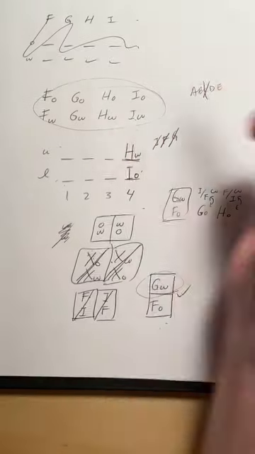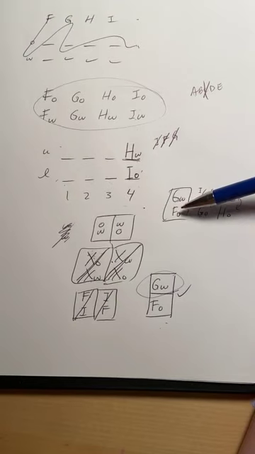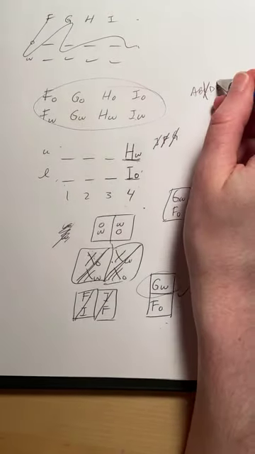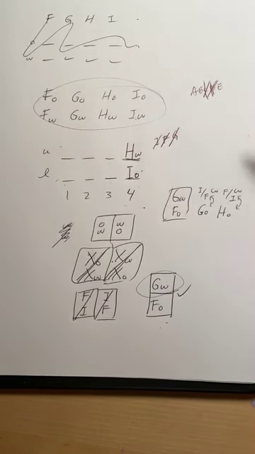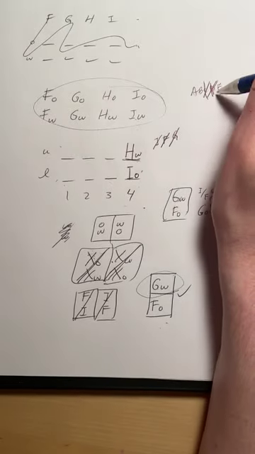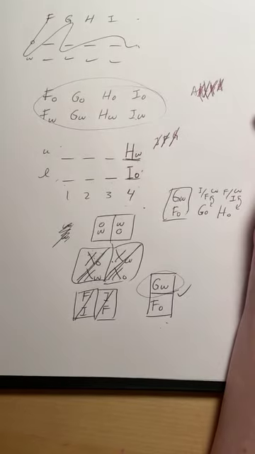We know FO has to be on the list because it has to be on the bottom somewhere. We can eliminate D because it doesn't include FO. We also shouldn't see HW on the list because it's got to be on the upper wall. So E is out and B is out. So A's got to be the correct answer.